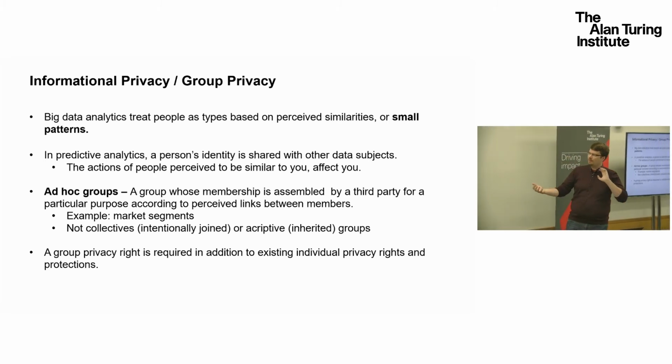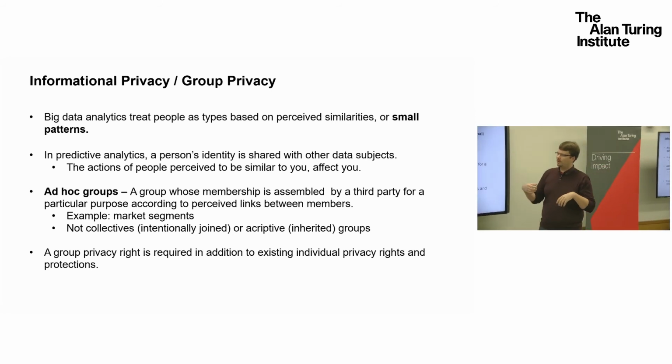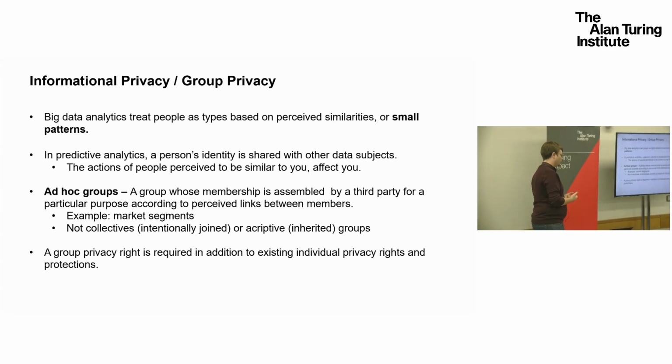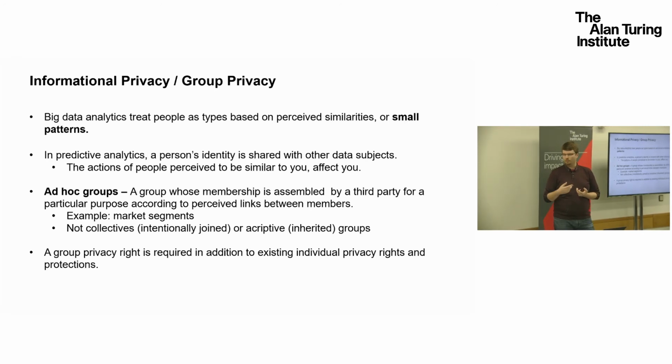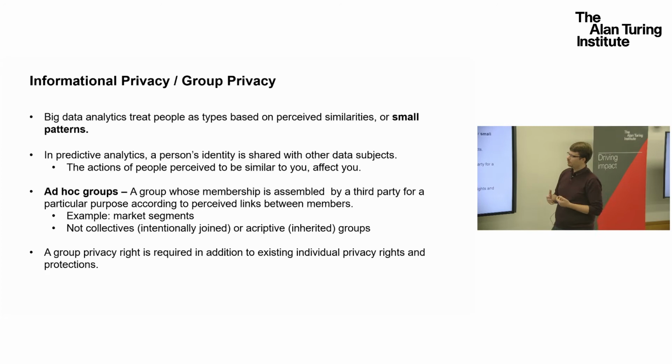And so in a way, a person's identity, at least within these systems, is being shared with other people. Other people that are similar to you, if they behave in a certain way, can then affect you. So for example, if I put you in a group of people and then everybody else in that group defaults on a loan, that's probably going to affect the rate at which you would get a future loan if you're a part of that group.